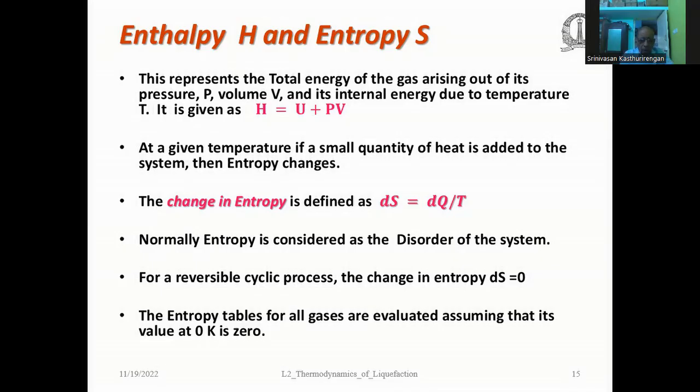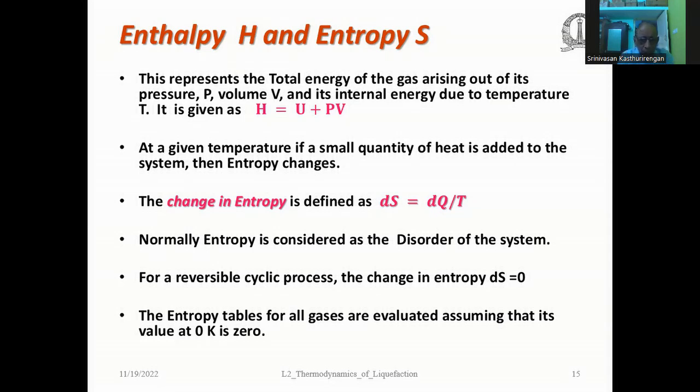At a given temperature, if a small quantity of heat is added to your system, then we say the entropy changes. Now, entropy is defined in different ways. It is also taken as a measure of the disorder of the system.